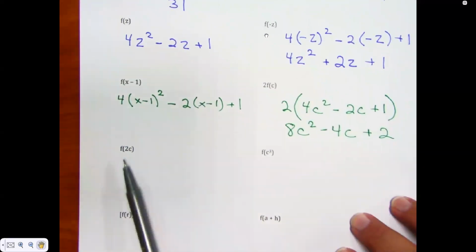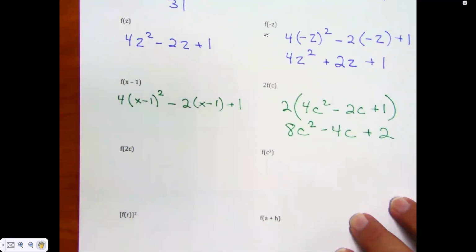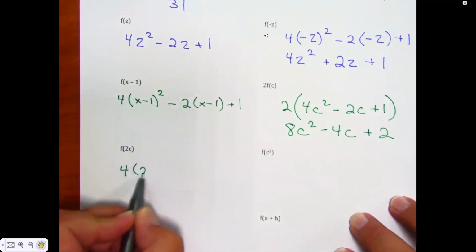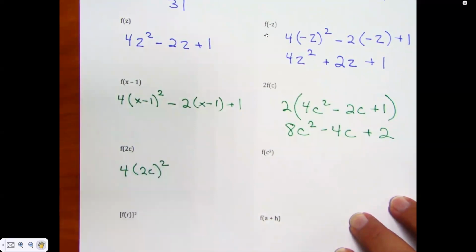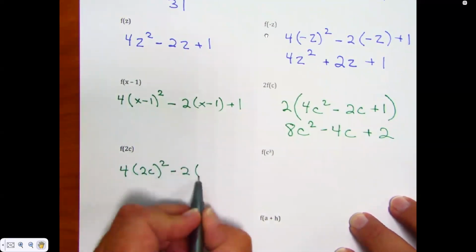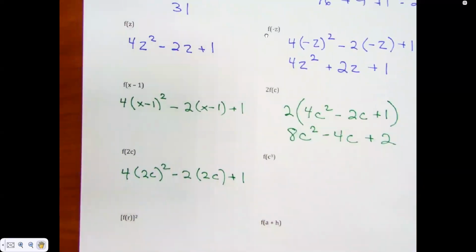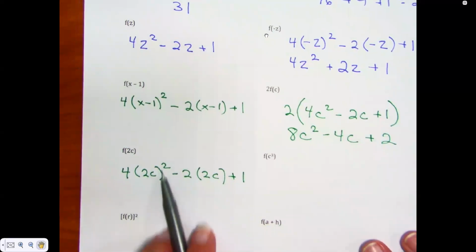All right, this one, wherever there's an x, we're writing 2c. So 4 times 2c squared minus 2 times 2c, and then plus 1. Compare those two. Wherever there's an x, I'm writing 2c. What is this going to become?